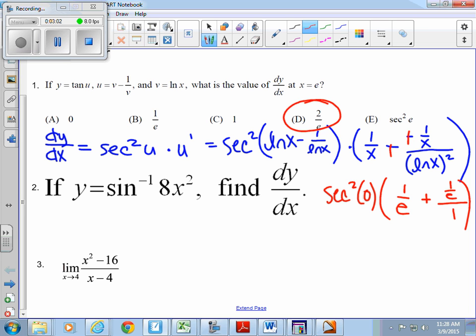I don't know if you even need to see the second one or not, but we'll do it. Any questions about the first one? Like I said, it's pretty nasty. 16x, is everyone okay with where I got 16x?